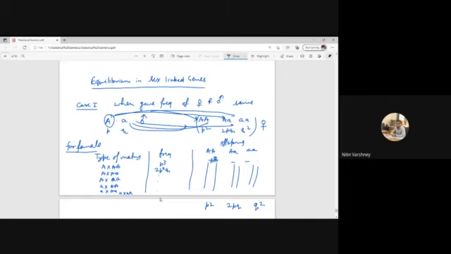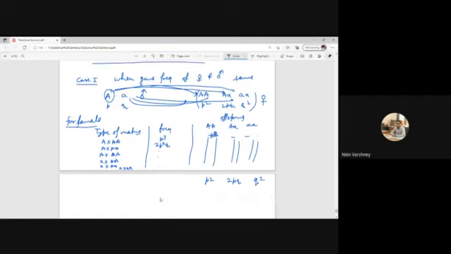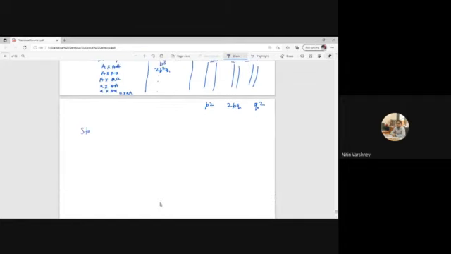We started with female gene frequencies p square, 2pq and q square, and in the next generation we also get the same gene frequency. So we can say that this population came into equilibrium in only one generation.